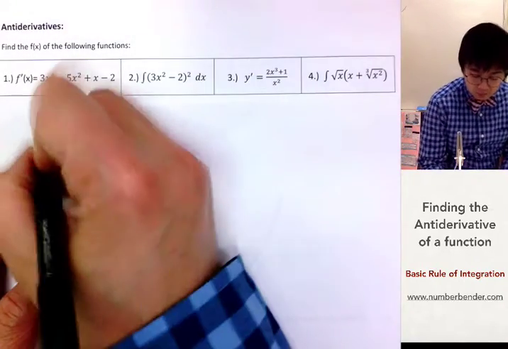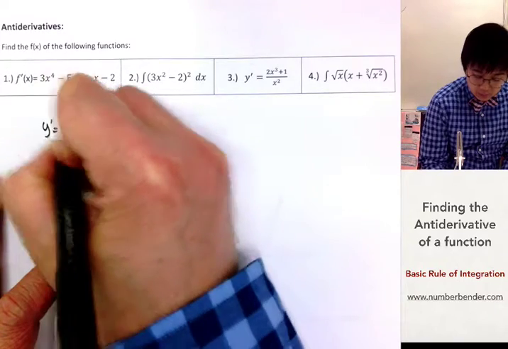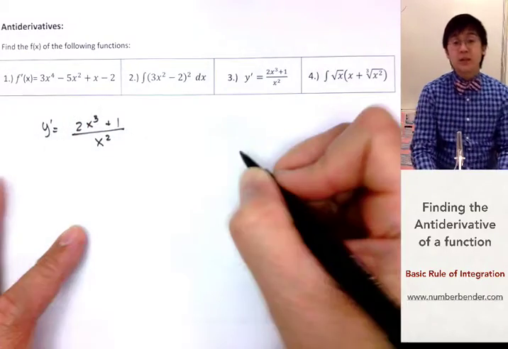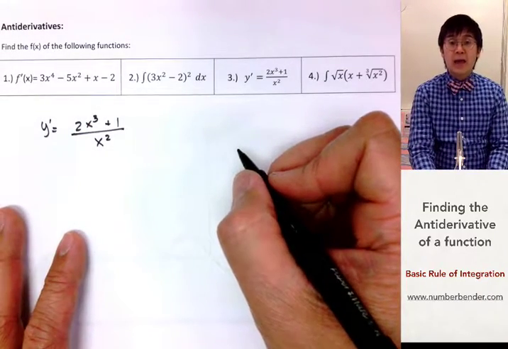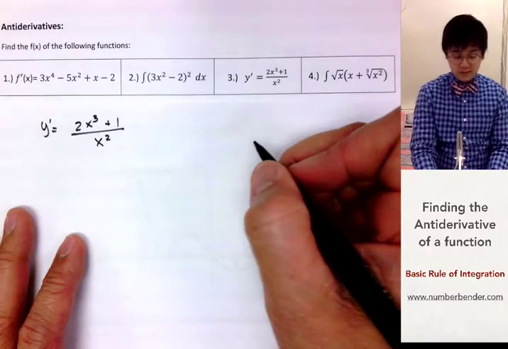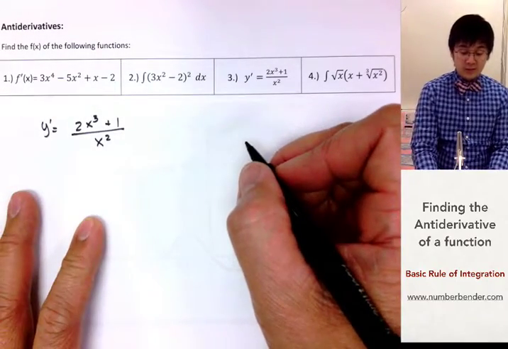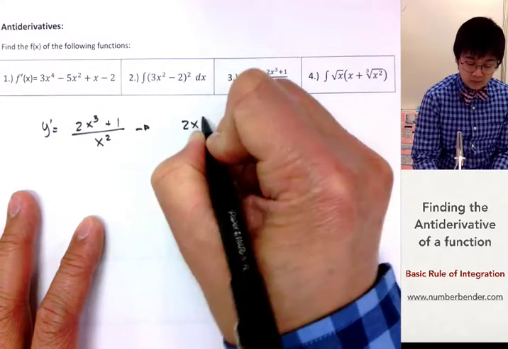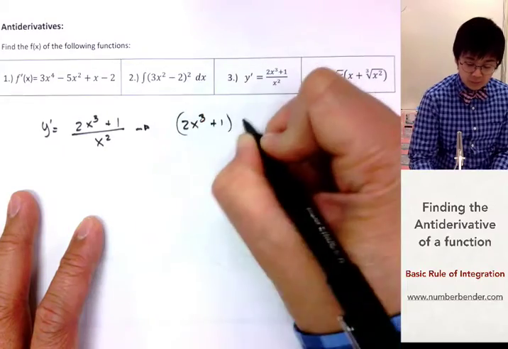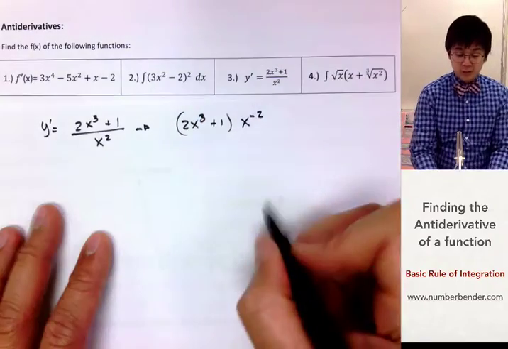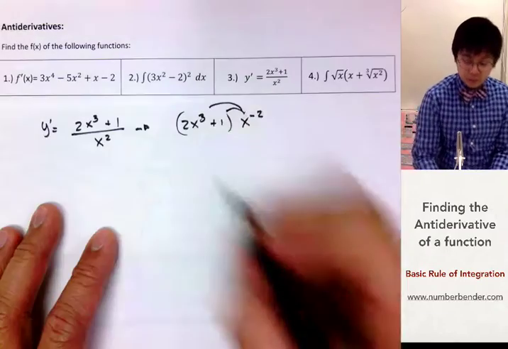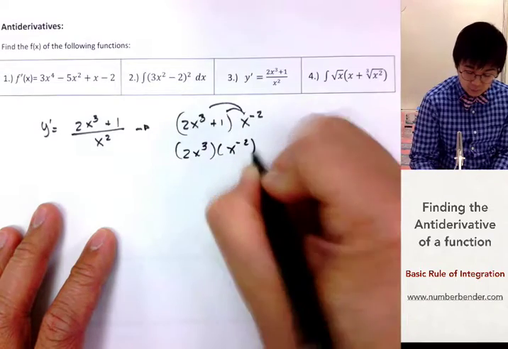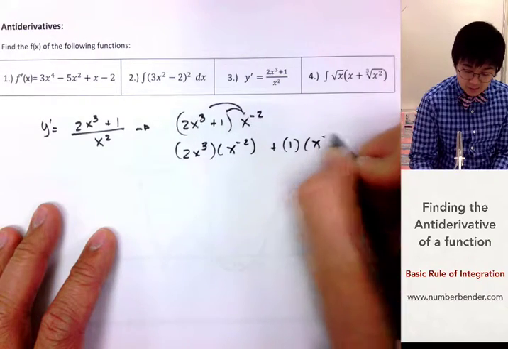we'll have y prime equal to 2x cubed plus 1 all over x squared. In antiderivatives, we don't have a quotient rule, so we modify it by the law of exponents. We have 2x cubed plus 1 multiplied by x to the negative 2, and by the distributive property, 2x cubed times x to the negative 2 plus 1 times x to the negative 2.